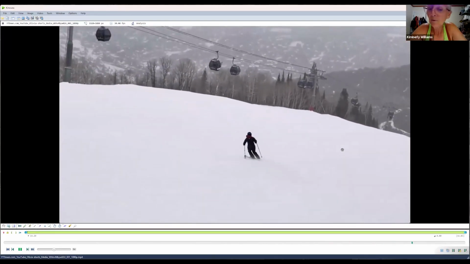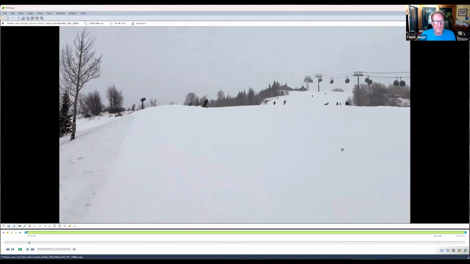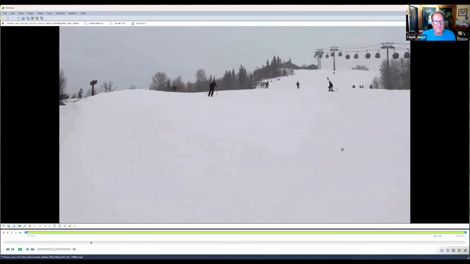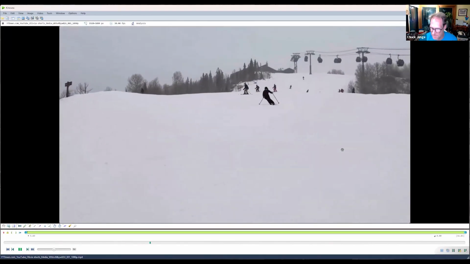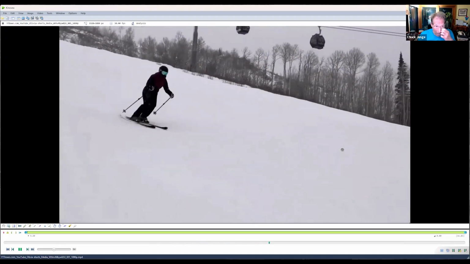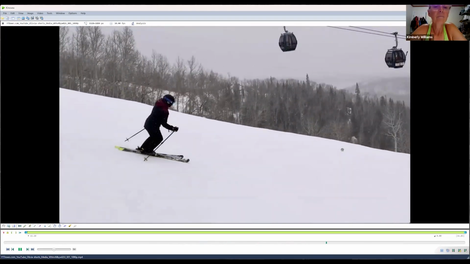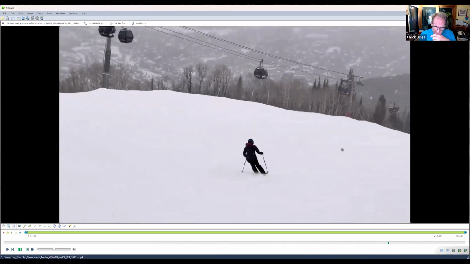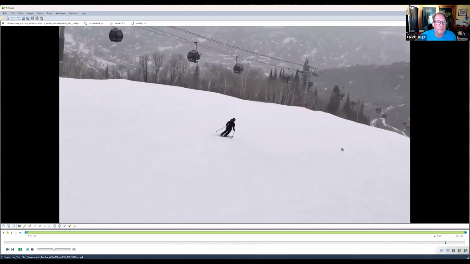Well, she has upper body rotation, but again, everybody's talking about separation. What kind of upper body rotation does she have? I think you've already hit it. It's going to be shoulders.